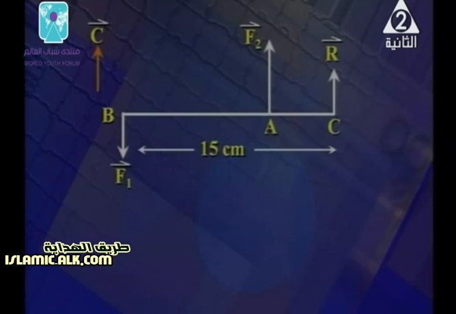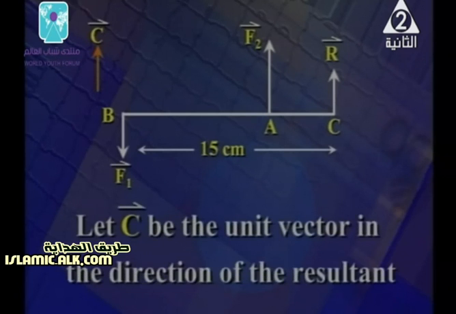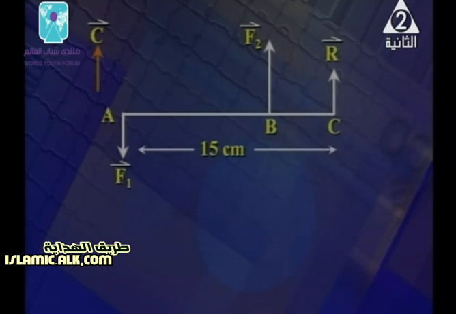Look at F1, F2, AB. F2 acts at point A, F1 acts at point B, R acts at point C. Let C be the unit vector in the direction of the resultant. We have unlike forces, F1 and F2.